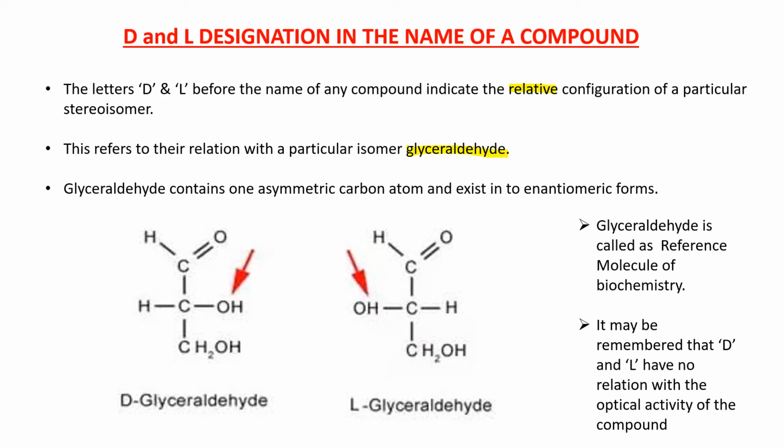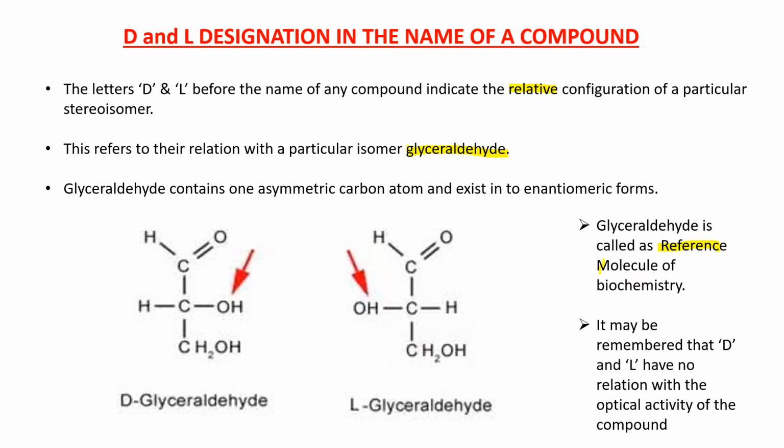That means if we assign D and L in front of any compound, we do so in reference to the configuration of glyceraldehyde. Hence, glyceraldehyde is also called the reference molecule of biochemistry because this is the molecule that we use to assign different configurations to a stereoisomer.